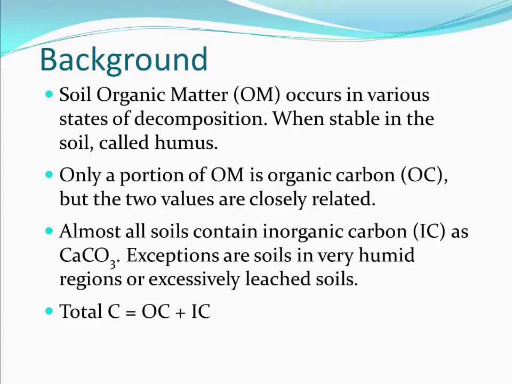So for the most part, the inorganic carbon part in Virginia is very, very low, except maybe over limestone soils. And that would be right close to the limestone itself. So essentially, total carbon is composed of the organic carbon fraction and the inorganic carbon fraction. So now we have some terms laid out, and that allows us to proceed with the rest of the talk.